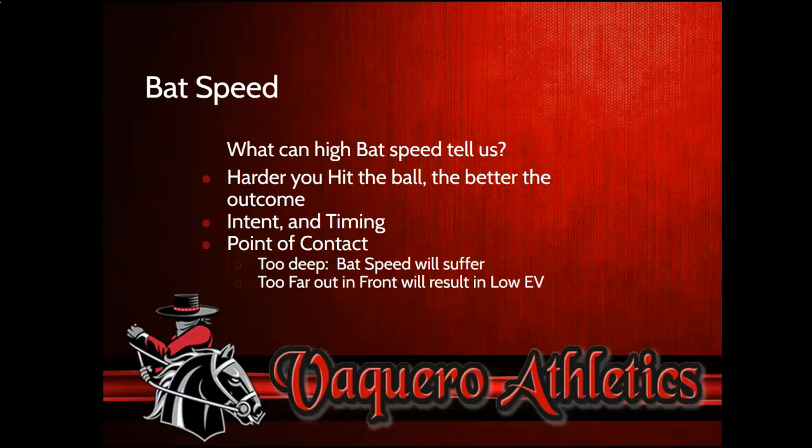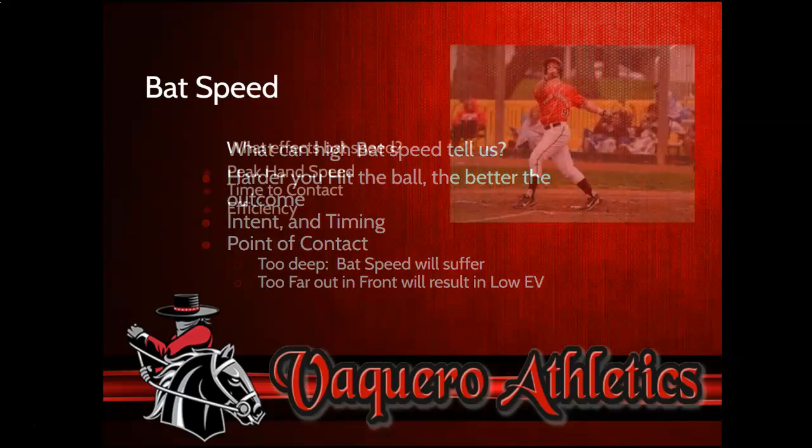If we're too far out in front, the pitcher's job is to disrupt our timing, get us out in front, and tunnel different pitches. That will result in a lower exit velocity, which is the result of the bat speed, because you're making contact so far out in front of the plate.